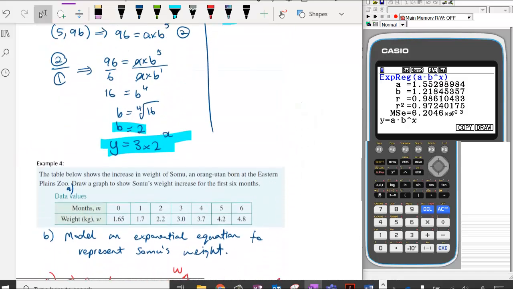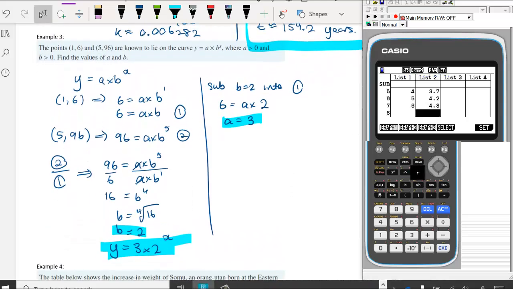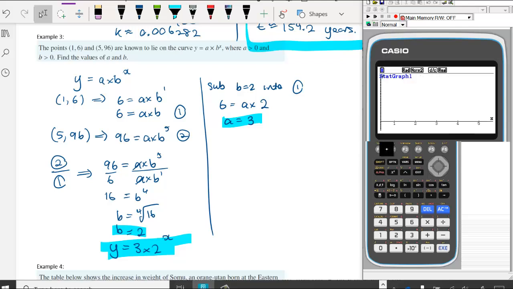Just to show you, we could do the same thing with the last problem. So if we go all the way back and we get rid of all this information, delete and delete, and we put in our 1 and 5 for the x values, and we put in 6 and 96 for the y values, and we graph.